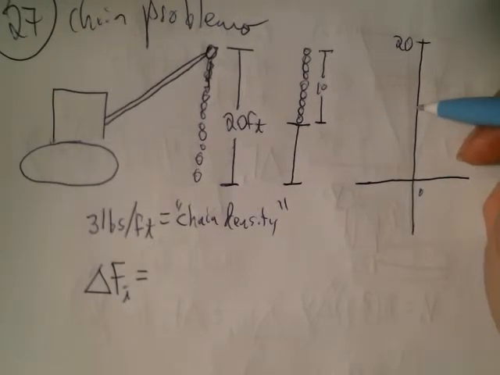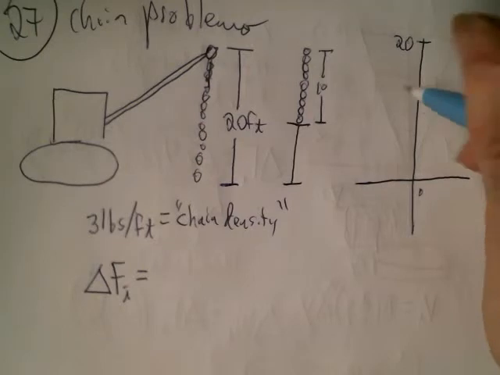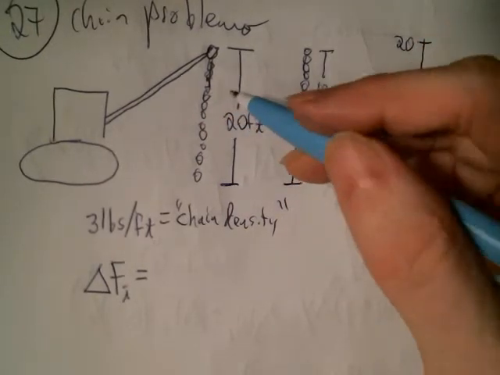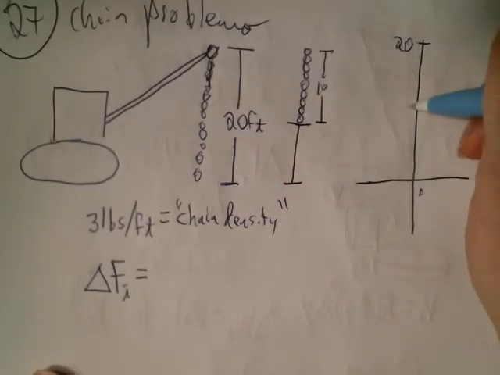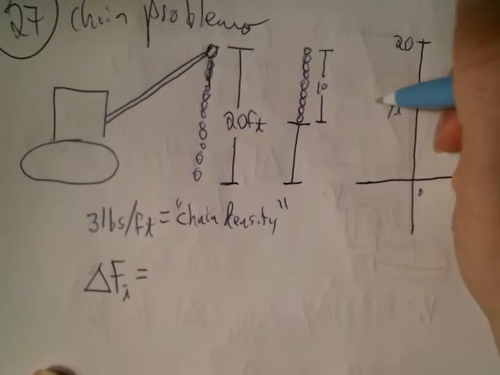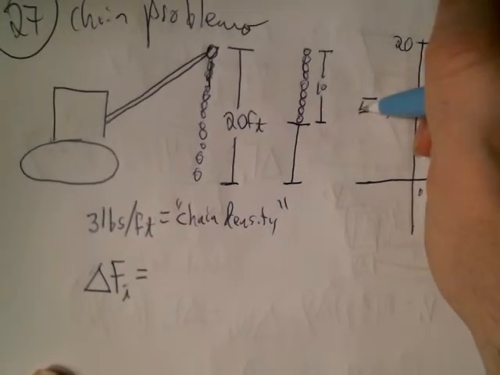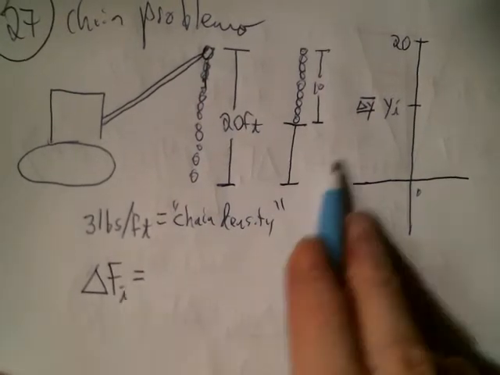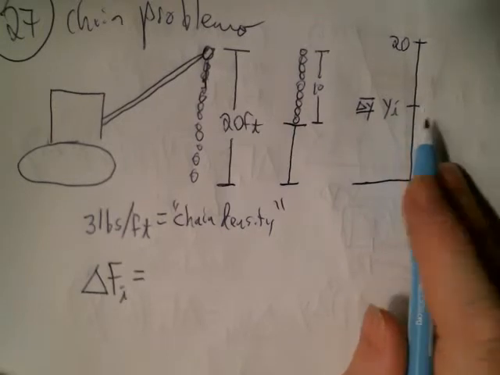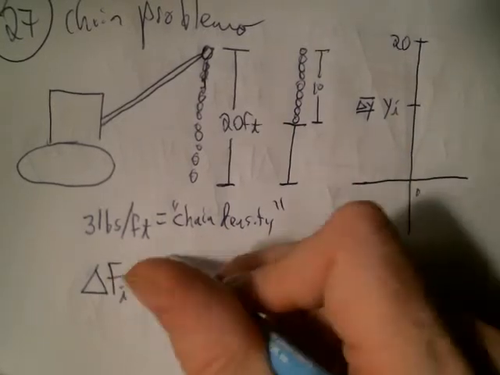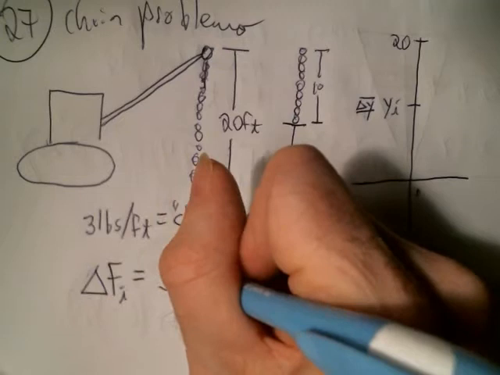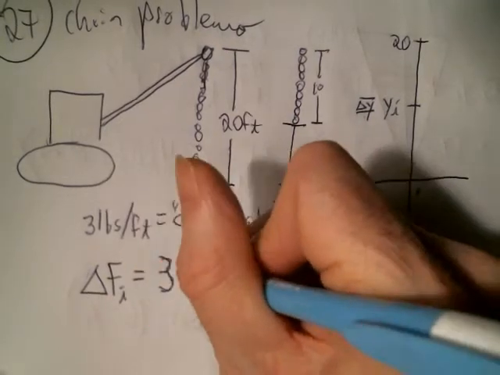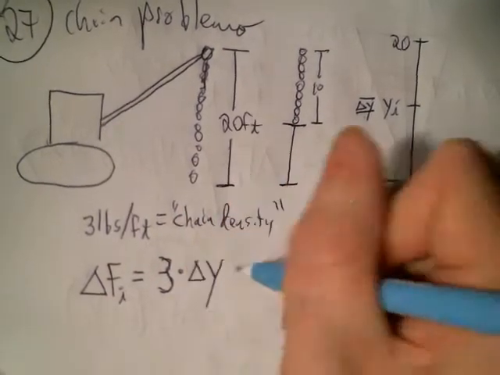So the force required for any particular bit of chain, let's say at location y sub i, where the length of chain that I'm worried about is change in y, the force required to move that little bit of chain is going to just be the chain density, which is 3, times the length of chain, which will be change in y.